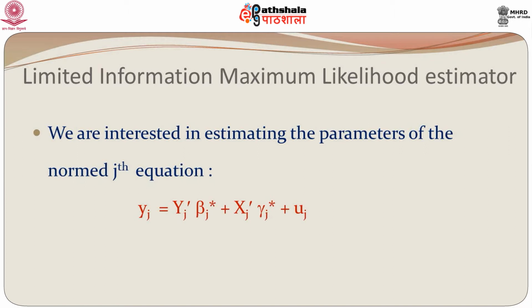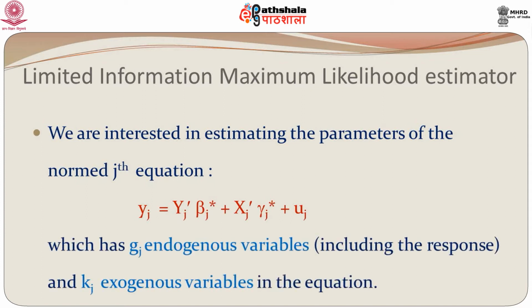So, there are Gj endogenous variables including the small y and Kj exogenous variables in the model. The parameters are beta j star for the endogenous variables and gamma j star for the exogenous variables, and we have the error as Uj. So, this is the jth equation as we had been previously looking at. And our aim in this case is to estimate the parameters beta j star and gamma j star.